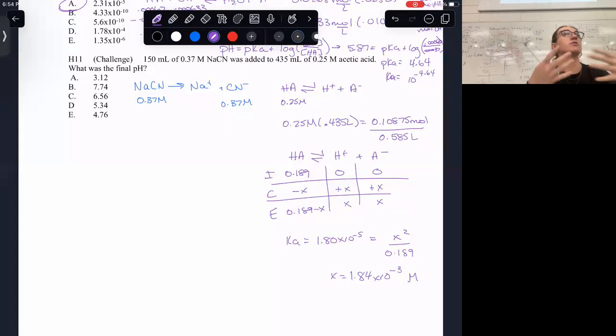We can then find this new concentration for the cyanide. So we have 0.37 molar times 0.150. We get 0.0555 moles.